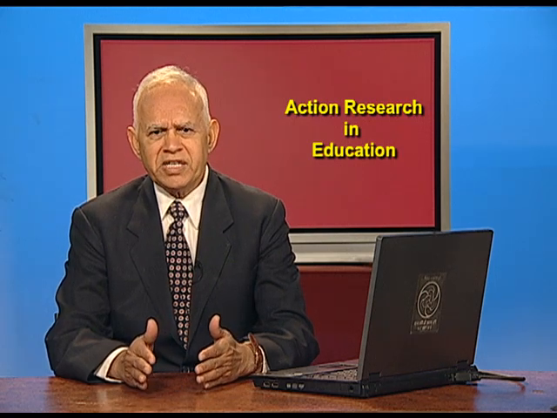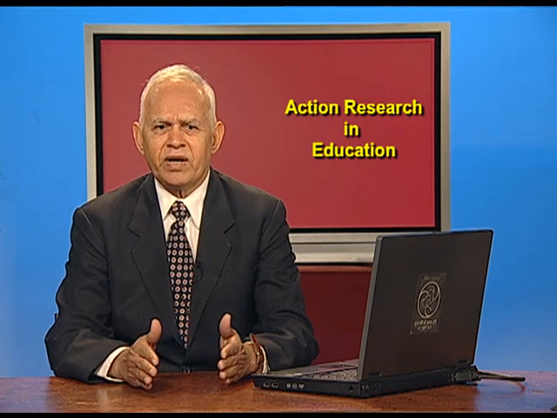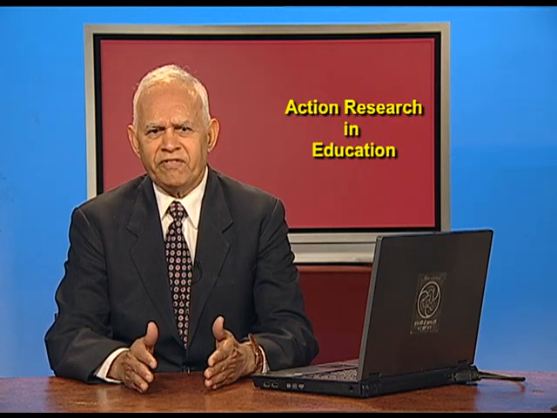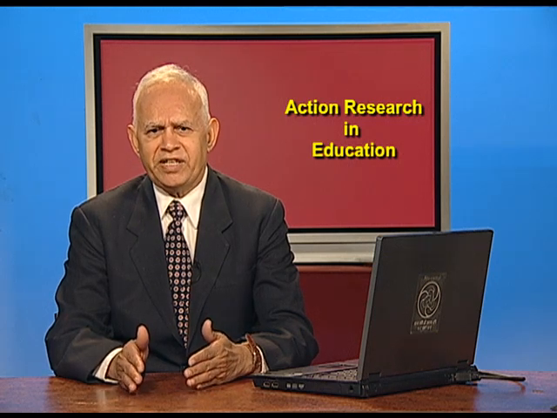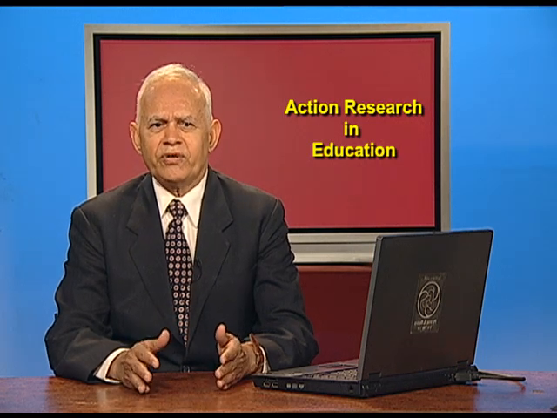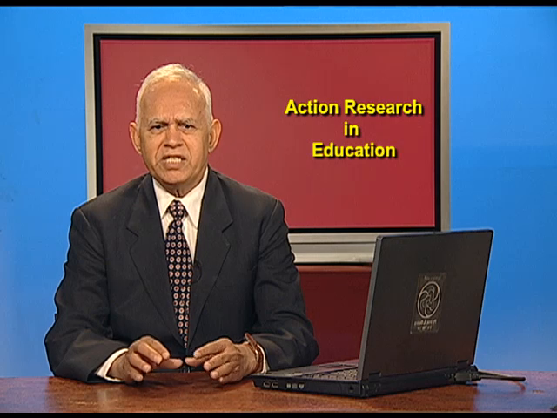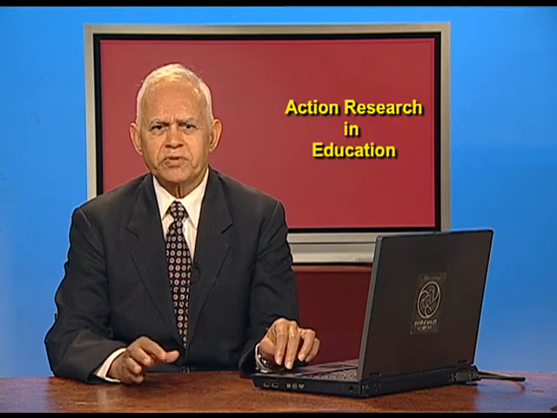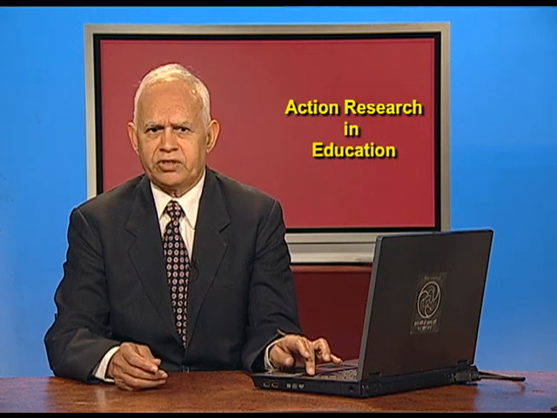Quantitative information can be, if someone asks what is your age, the information you give will be quantitative in nature. Your telephone number is quantitative information. Therefore, on the basis of these two types of data, you have two types of educational research.